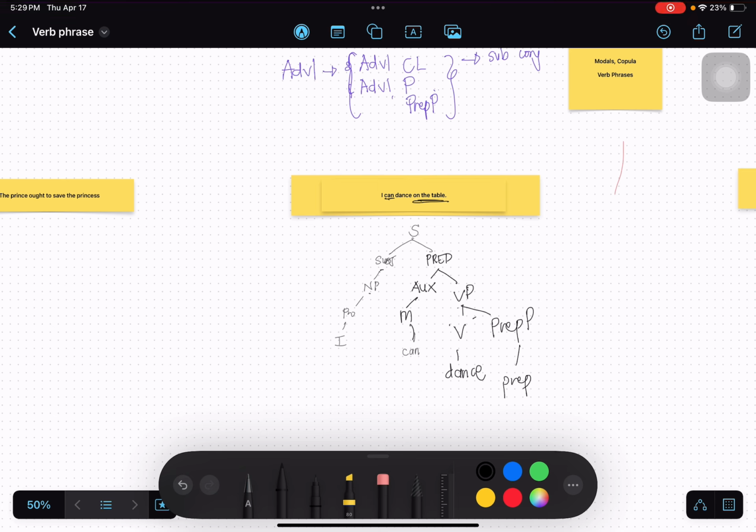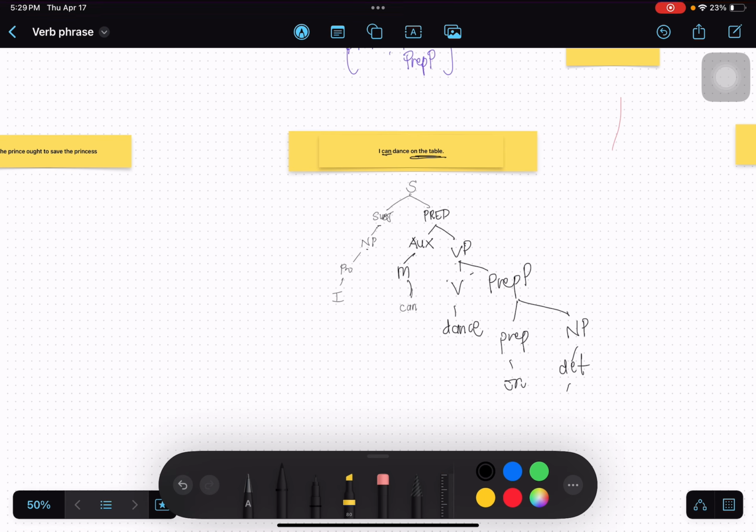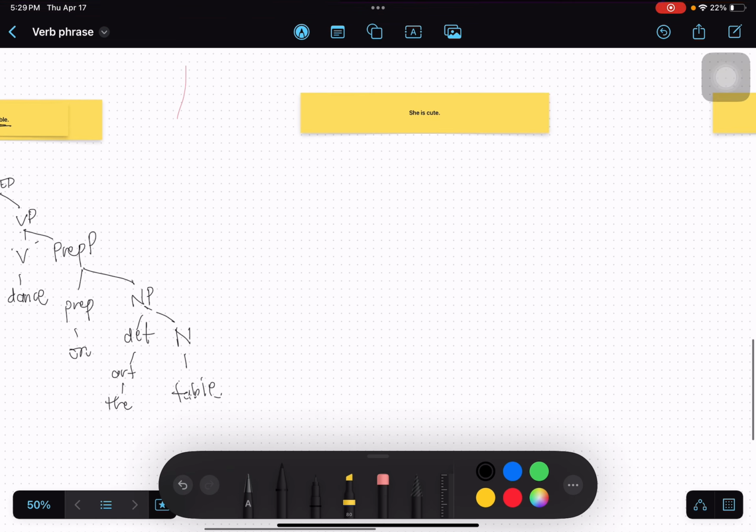Prep, on, and then NP, that are the noun, table. So that's how it is. I can dance on the table. That's the first one. How about this sentence?